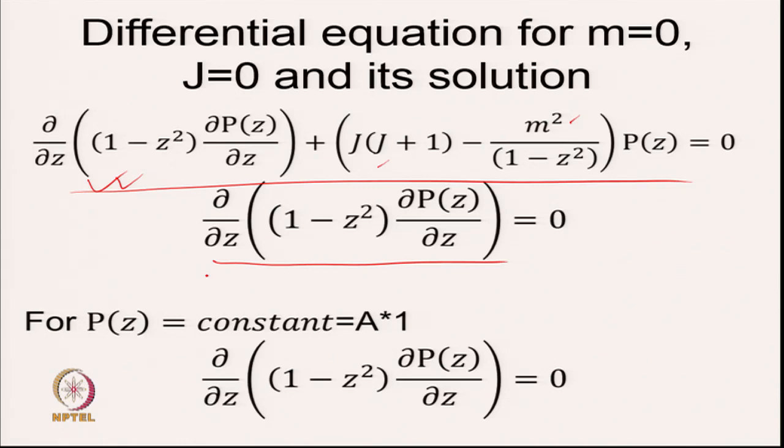If suppose you take some function of z, then you see that z square will get multiplied by some constant if it is first order. If it is second order, it will be multiplied by z, and the differential of that is not going to be 0.